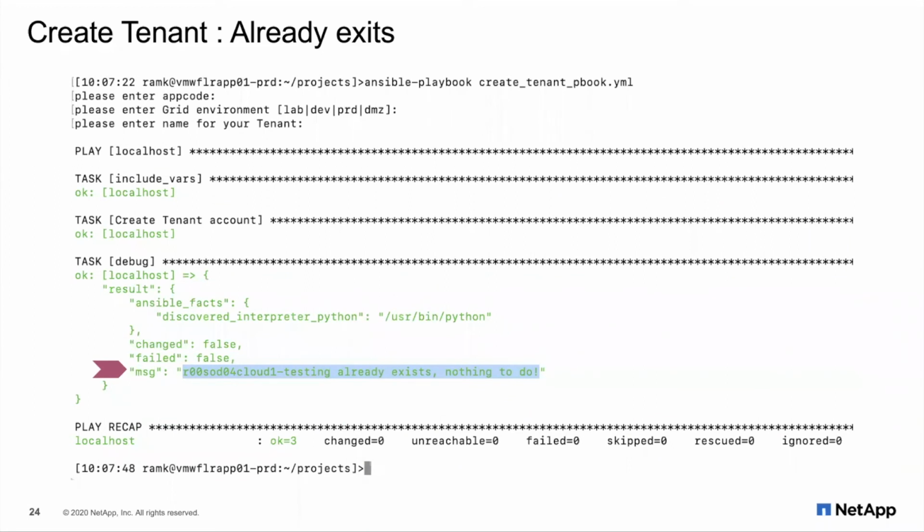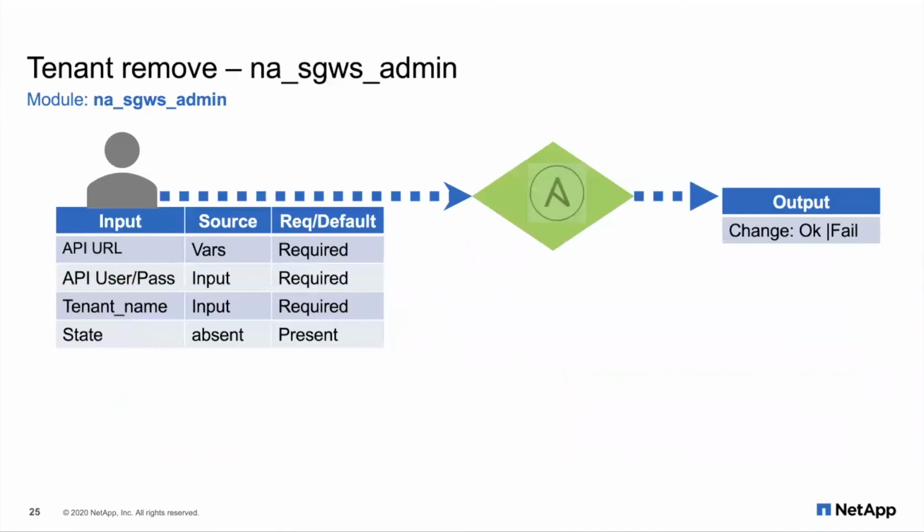Moving on to the next one, removing or deleting the tenant. Again, just the name and the state. You can say present or absent, and in this case, since we want to delete, the state has to be set to absent, and the resulting action will be performed.